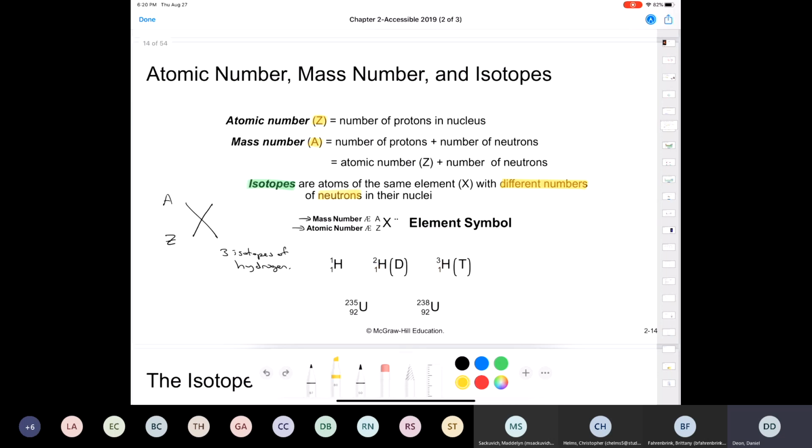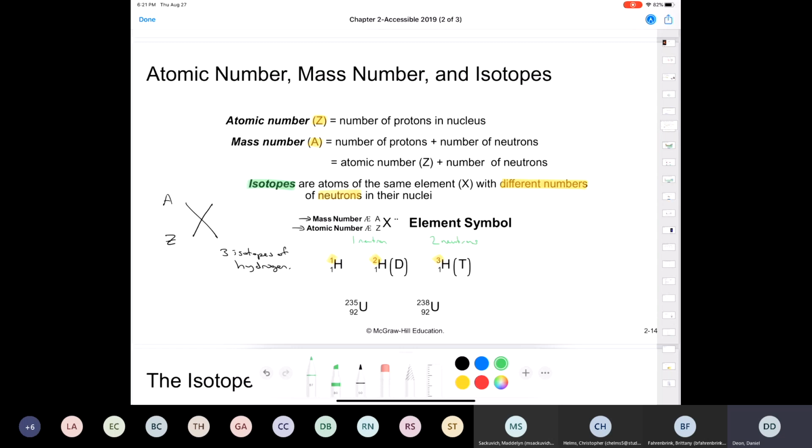Why? Because their mass numbers are different. This one has no neutrons because 1 plus 0 gives you 1. This one has 1 neutron because 1 plus 1 gives you 2. And this one must have 2 neutrons. We could even scribble that in here: 1 neutron in here, and 2 neutrons in here.